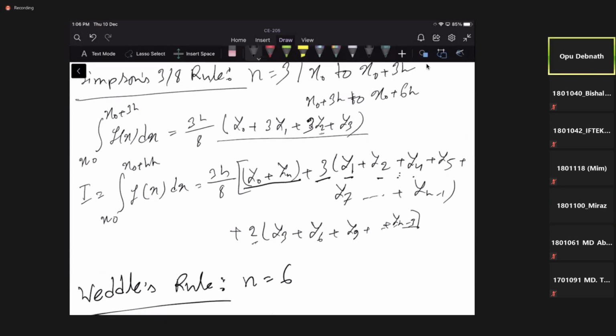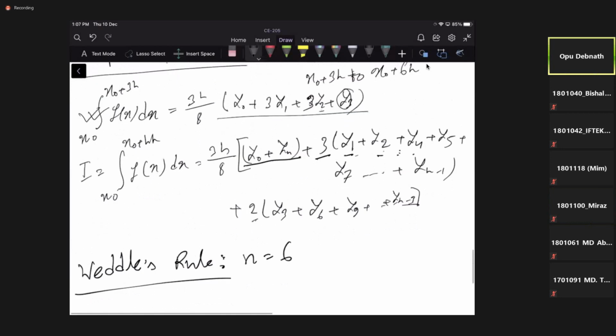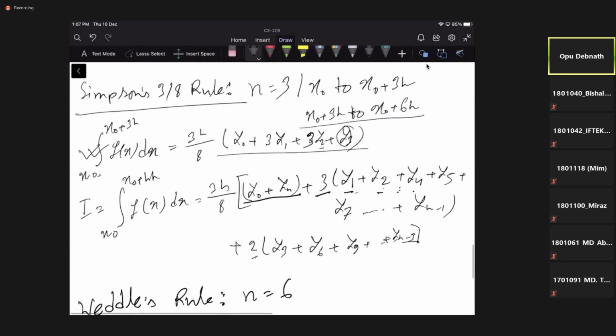3 multiplied by y1, y2. In this, y3 actually is the first term. So if you take another term, the next one is x0 plus 3h to x0 plus 6h, and successively this will go up to x0 plus n minus 3h to x0 plus nh, the last term.